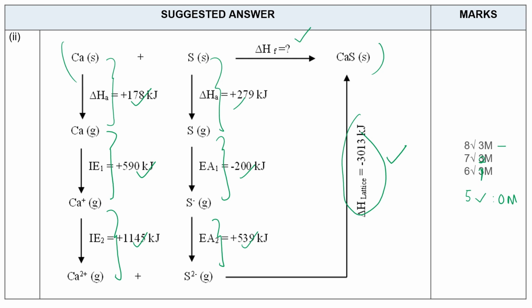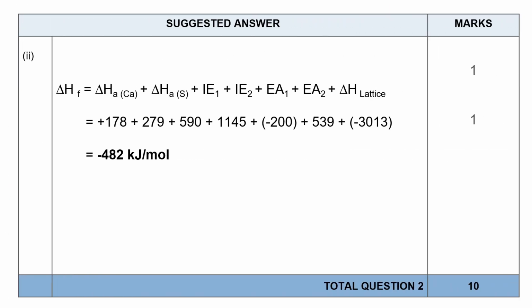Then we write the formula based on the cycle. So delta H f is equal to delta H atomization for calcium, delta H atomization for sulfur, first ionization energy, second ionization energy, first electron affinity, second electron affinity, then delta H lattice.